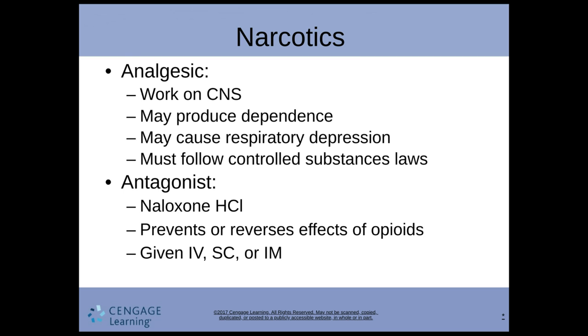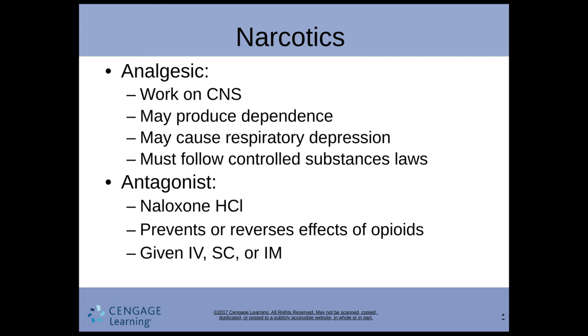So, an analgesic is something that works on the central nervous system, and it may produce dependency. So there is a chance that somebody may become dependent on the narcotics or addicted to them. It may cause respiratory depression.